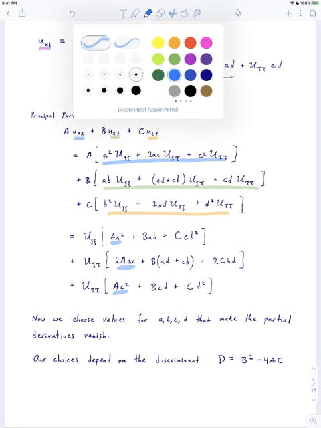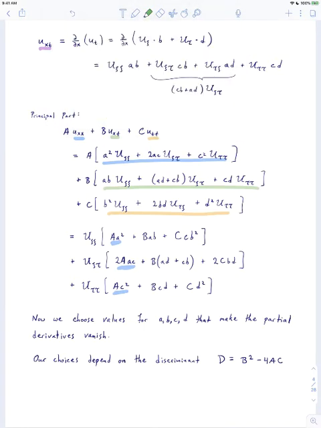So let me color coordinate them. The green ones are the terms with capital B, and the orange terms are the ones with capital C, right here, like that.